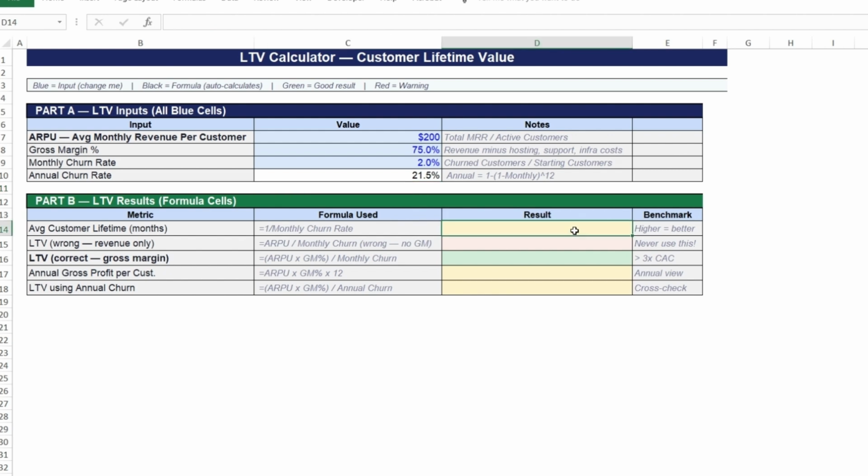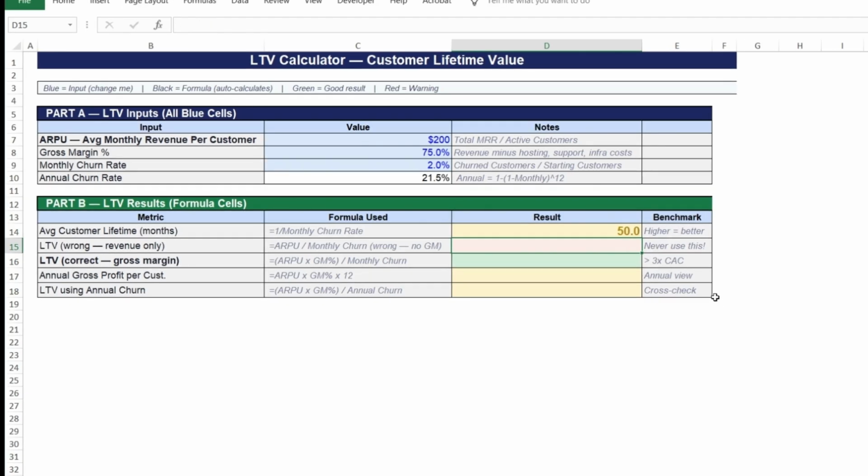Now we need to calculate our average customer lifetime in months, which is simple. We just divide 1 by the monthly churn rate, which comes out to be 50. Now we need to calculate LTV. So how will we calculate our LTV? ARPU divided by our churn rate. Is it correct? No, it's not correct.